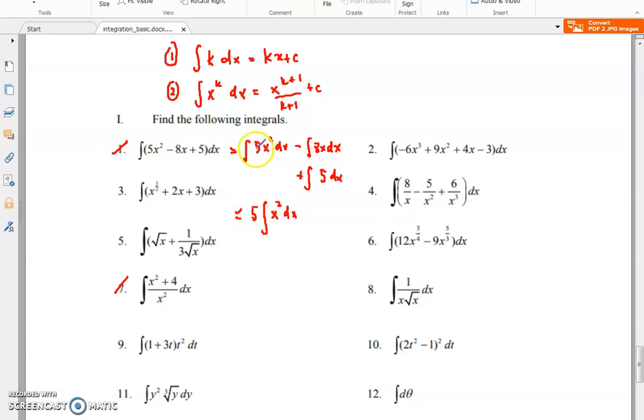Minus, again, if you look carefully, you have negative 8x. So 8 here is your coefficient, so you can bring it out, and you get 8 times the integral of x dx. Plus, since this is a single constant, you just write it as the integral of 5 dx.